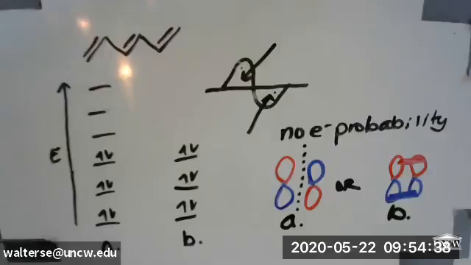So does molecular orbital theory only show the pi bonds? Well, you can draw a molecular orbital diagram for an entire molecule, including all the sigma bonds.